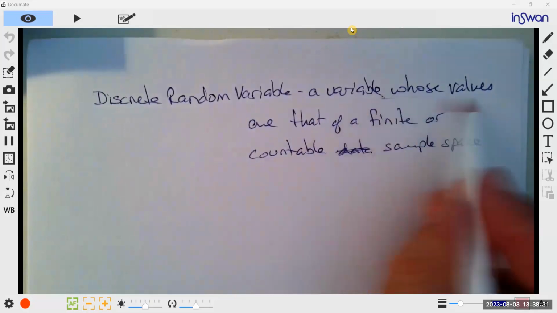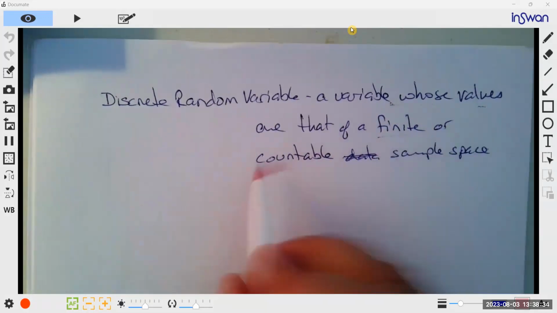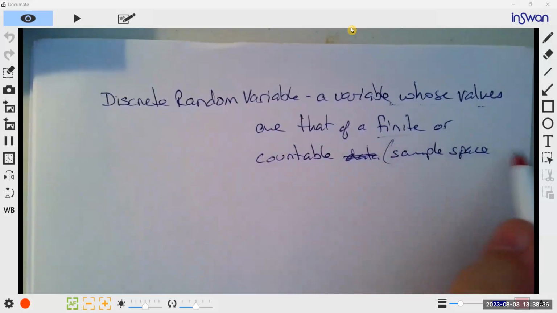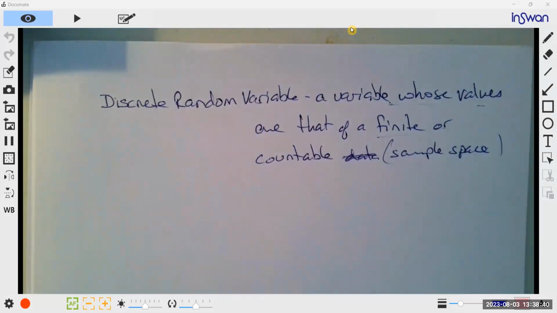So the values that are given this are finite and countable. So, all right, if you had 10 people to choose from, those are countable. Each person is assigned one number and they're countable.